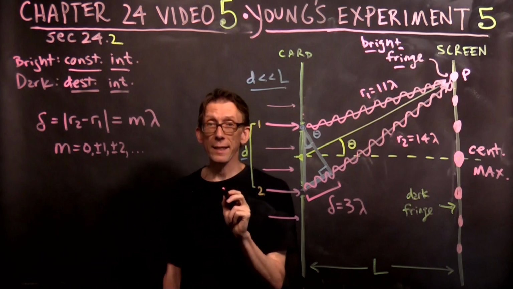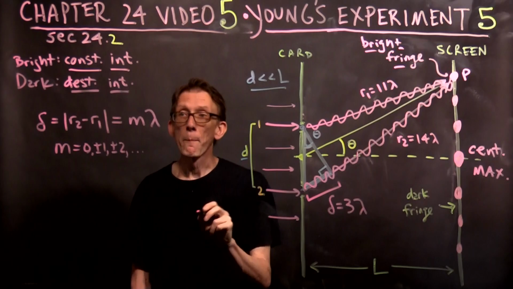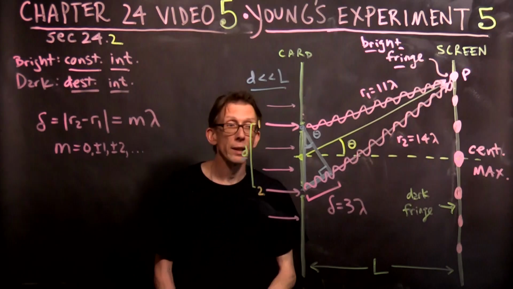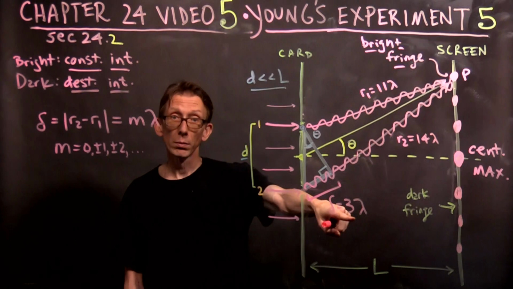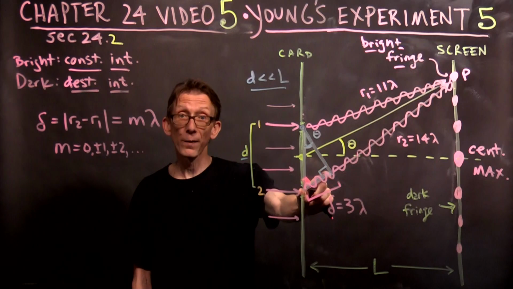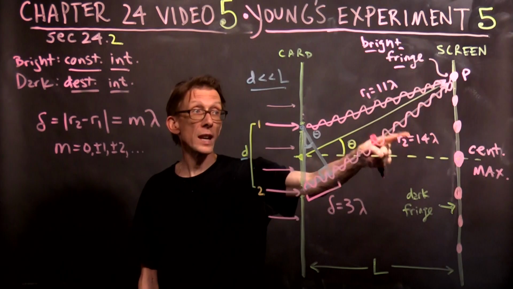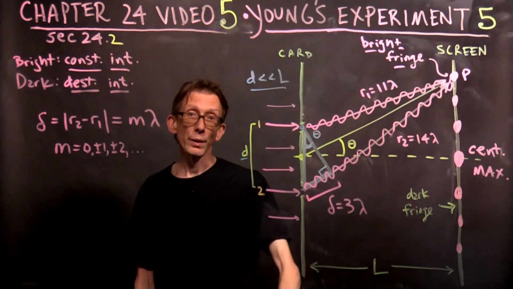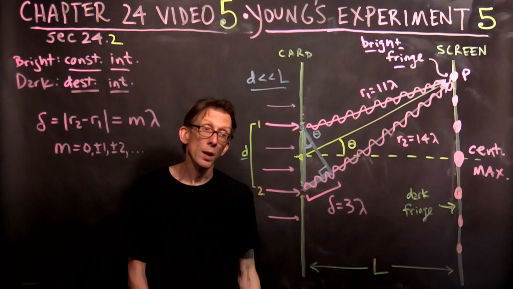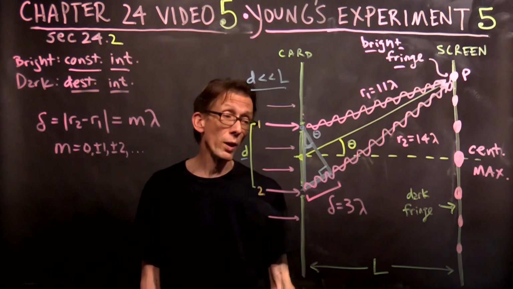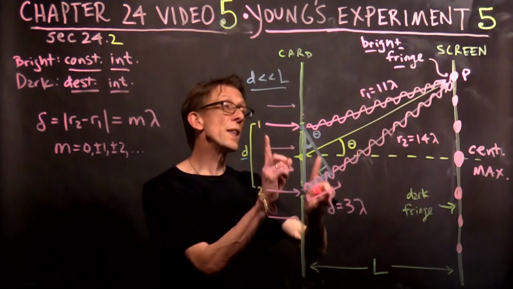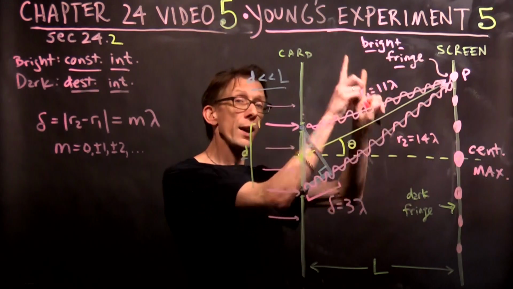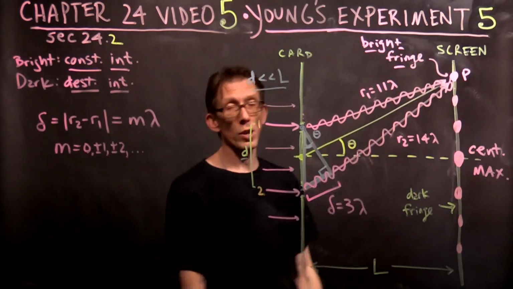If the two path lengths are different by an integer number of wavelengths, as they are here, right? That's the path length difference. It's 3 lambda. 14 minus 11. It's 3. If that path length difference is equal to an integer number of wavelengths, then when they arrive at the screen, they arrive in step with each other.